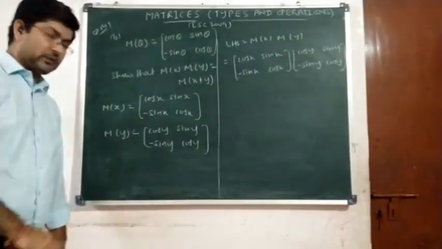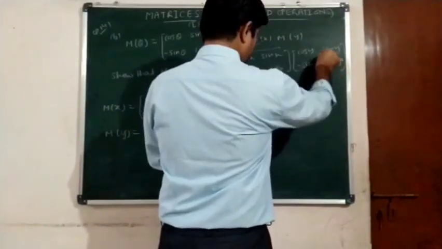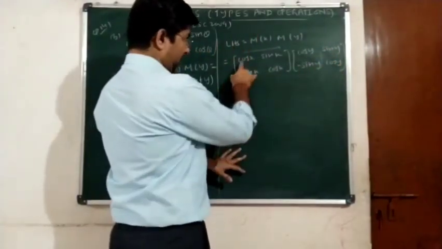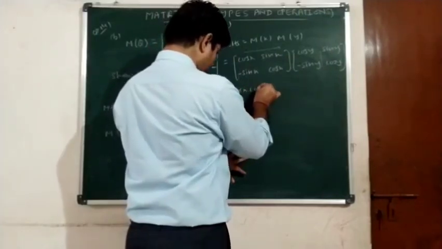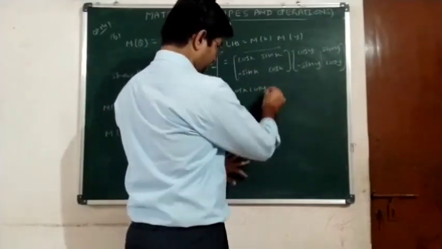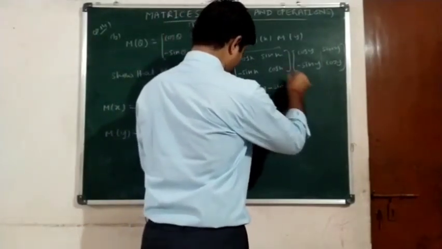Now we will multiply the two matrices, row into column multiplication. Cos x into cos y can be written as cos x cos y minus sin x sin y.